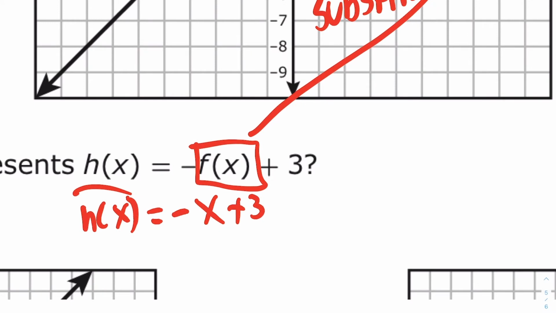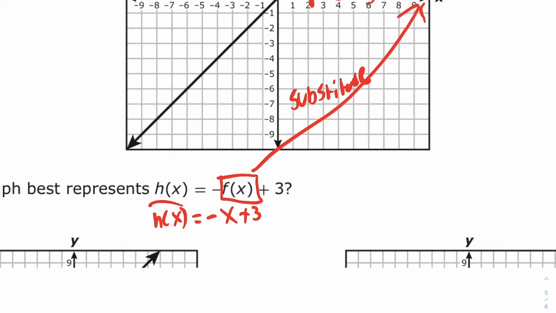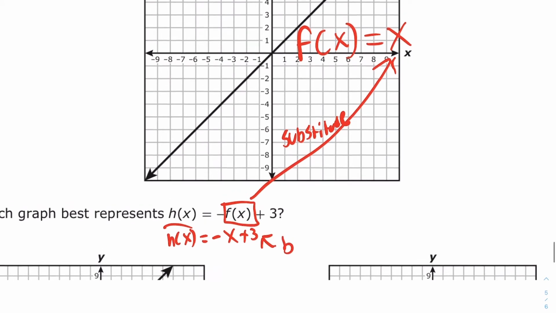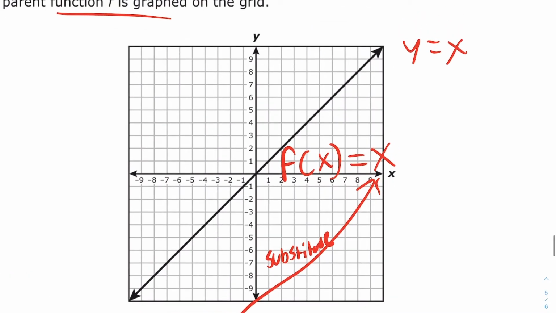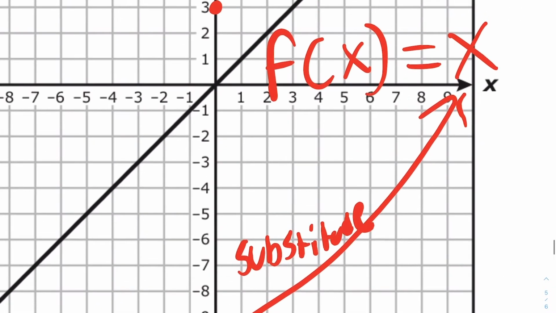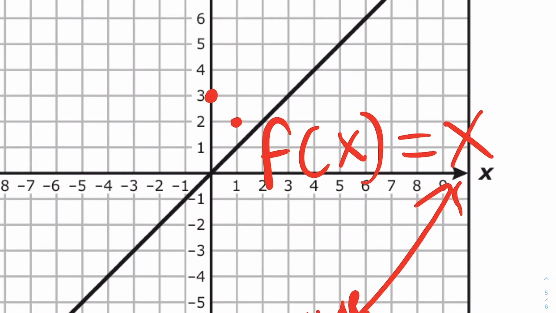Okay. Since we're pretty awesome at graphing, let's just do this graph really easily. We can see that the new y-intercept, b, is going to be 3, and we're going to have a negative slope of 1. So we're going to put a dot at 3, and then we're going to have a slope of negative 1. Starting from there, we're just going to go down by 1s each time.